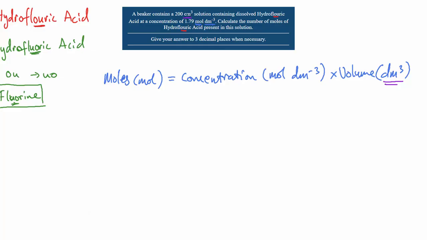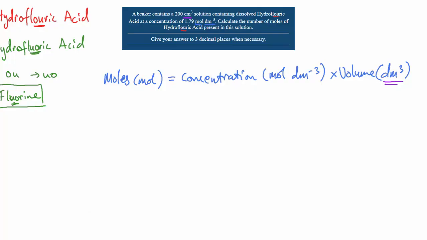Now let's look at what the conversion factor is and what that looks like. So we know that when we're converting from cm³ to dm³, typically the number of values is going to decrease.